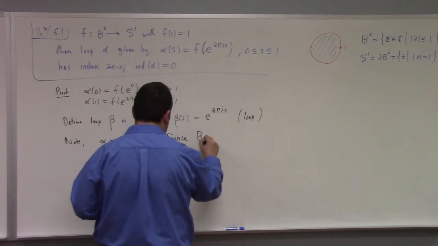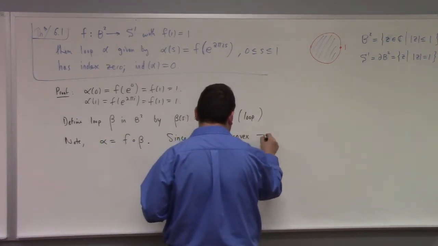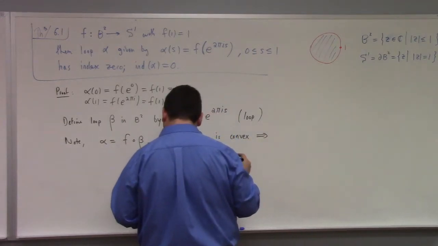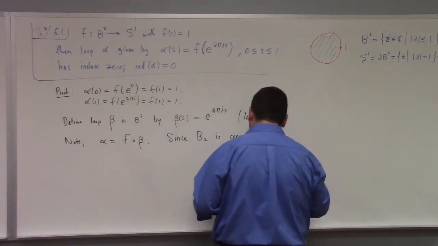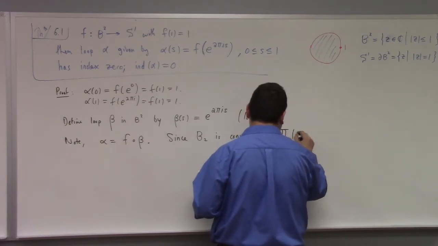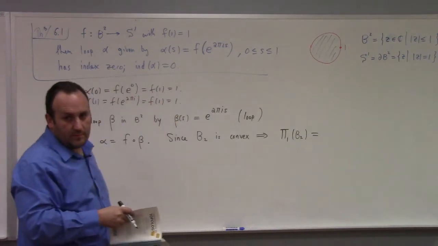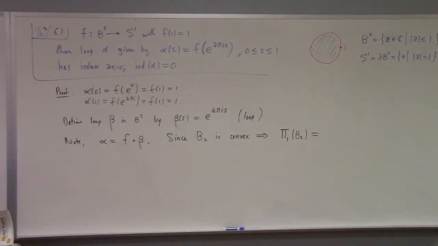Since B2 is convex, that implies that, well, let me write it in this way. Pi 1 of B2 is what? What's the fundamental group of a convex set? Yeah, it's 0, right? What does that mean?